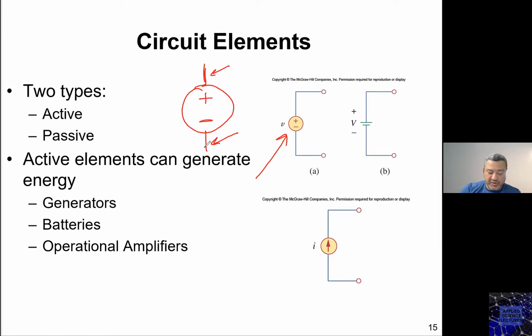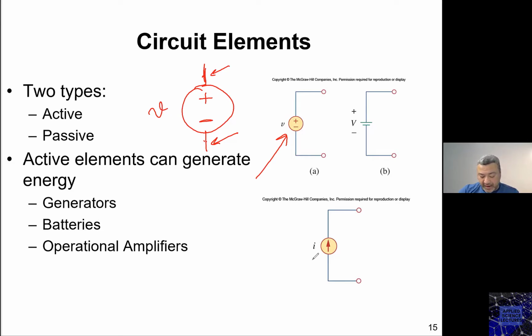In other words, the voltage that I see beside this independent voltage source defines the potential difference between this terminal and this terminal. I can see this in power supplies, and I can see this in batteries, right?